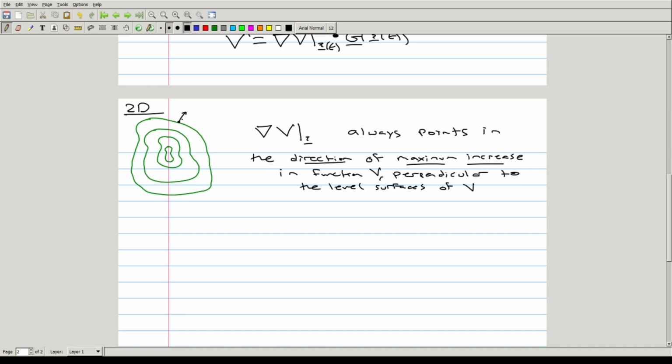So in 2D, that means that if you draw the level curves of a function and you have a local minimum of the function, the gradient vector will always be pointing outwards, away from the local minimum, perpendicular to the level surfaces, which in this case are level curves in 2D of the function itself.